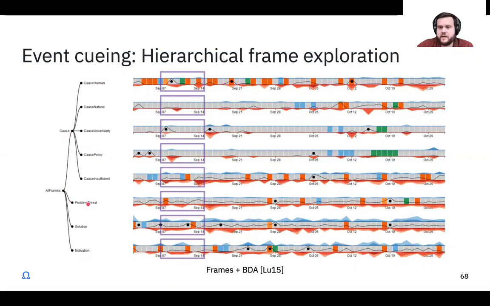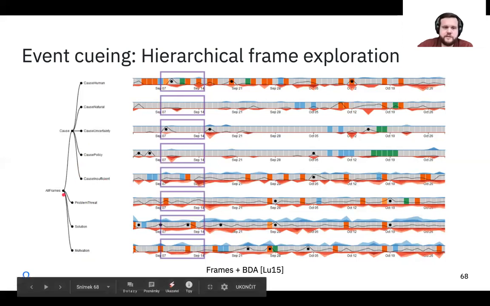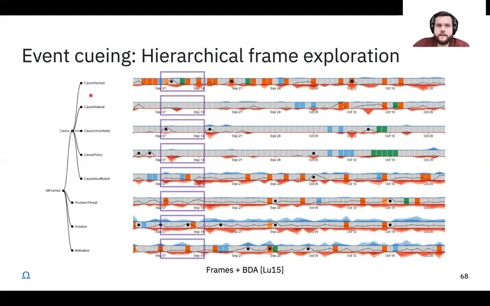I'll admit that the frames are a bit abstract. For the cause, maybe there have been human causes, natural causes, uncertainty causes, policy causes, and I don't know what insufficient cause means here, but they are a bit abstract. Treat these as aggregations, and the leaves are various proposed explanations for why certain events have taken place.